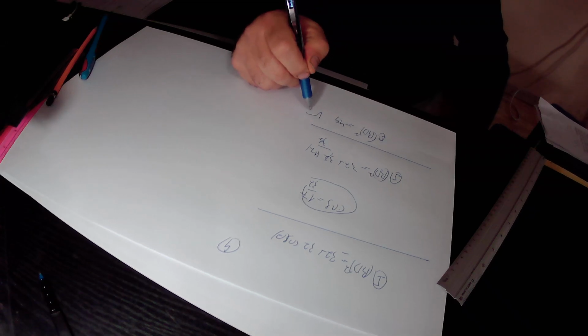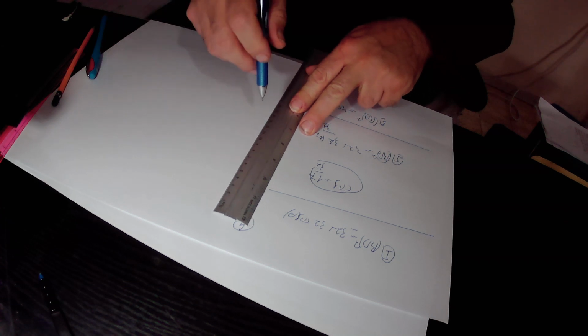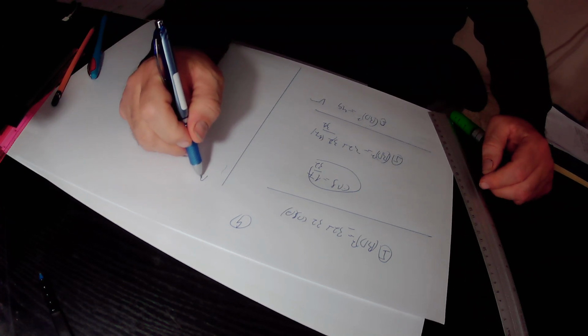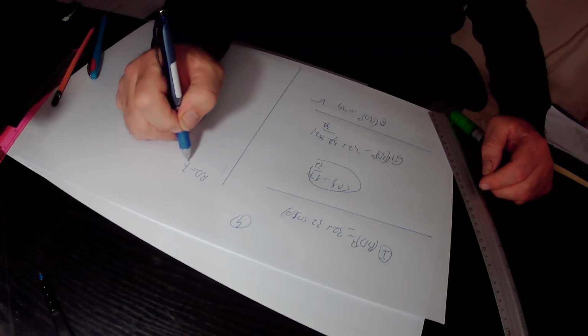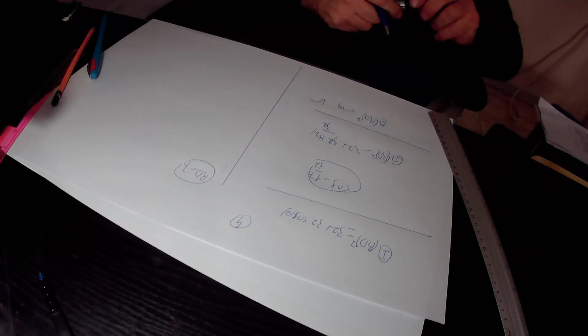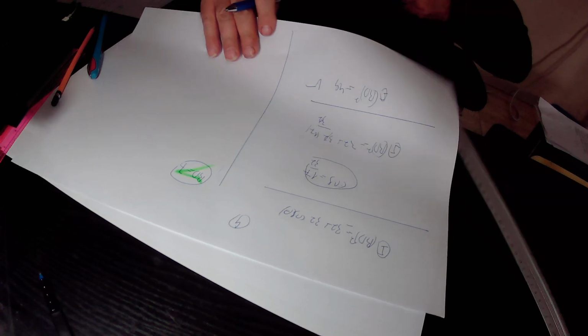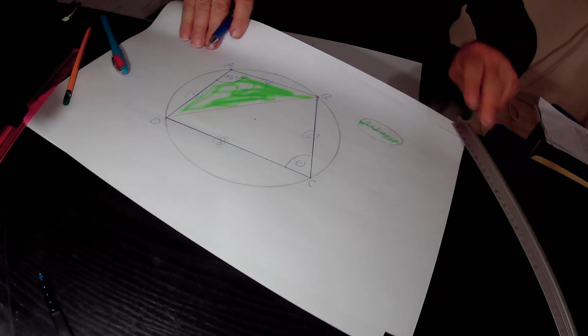So BD equals the square root of 49, that is 7. So BD equals 7 units.